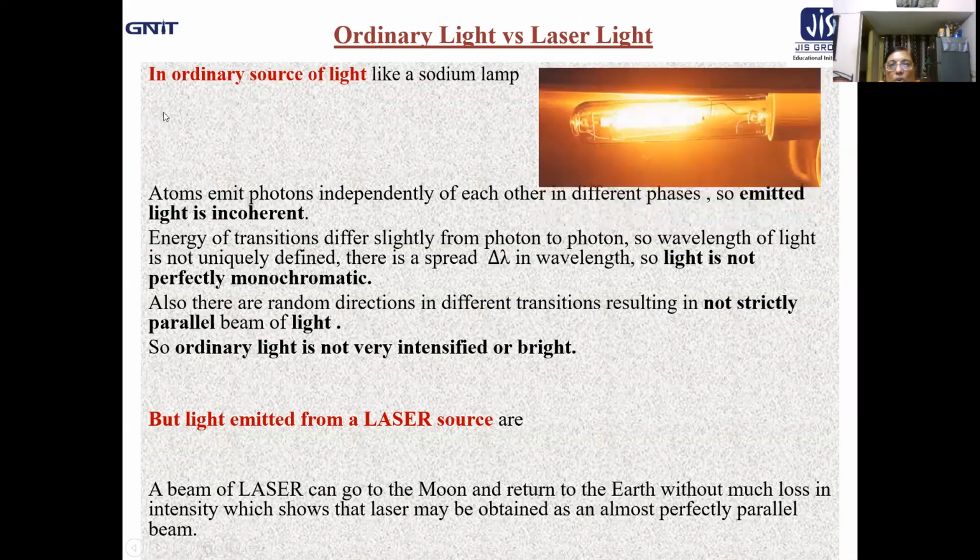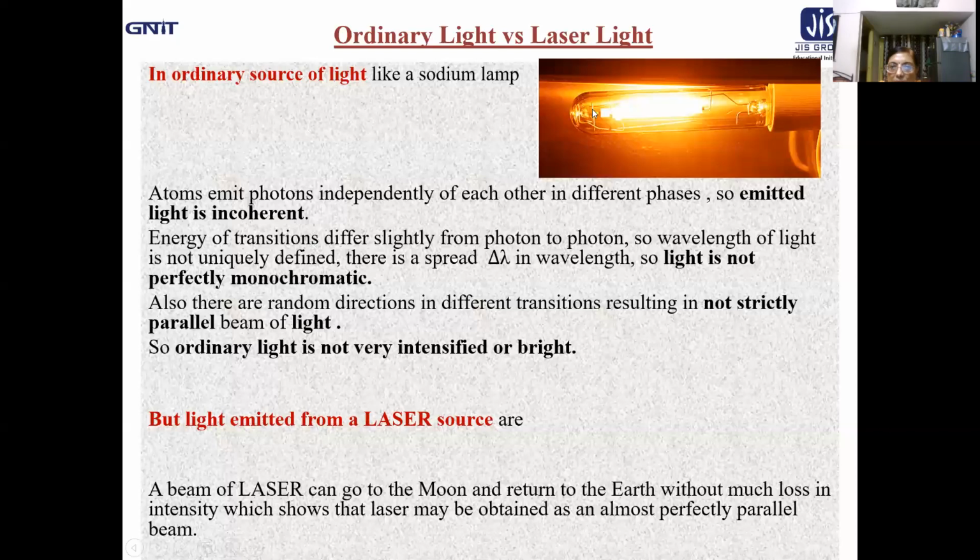In an ordinary source of light like a sodium lamp, atoms emit photons independently of each other in different phases. That means in an atomic system with millions of atoms, millions of atoms can come down to a lower energy state with the emission of radiation in the form of photons, independently of each other in different phases.